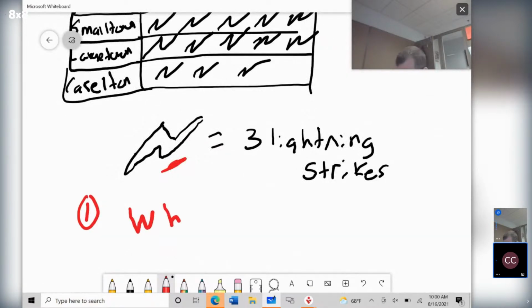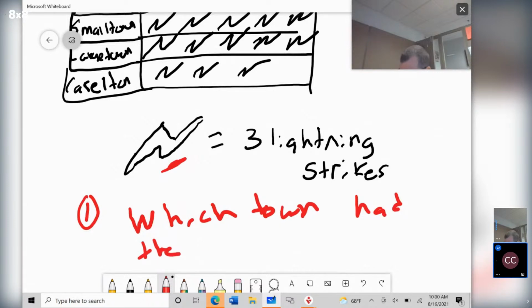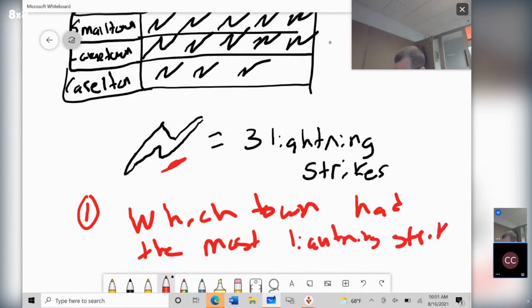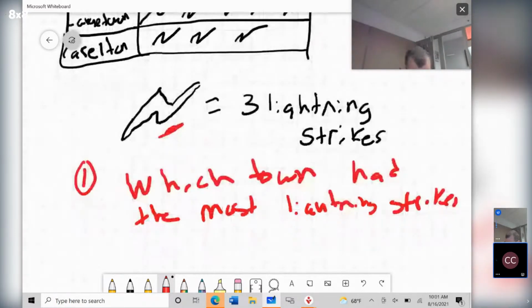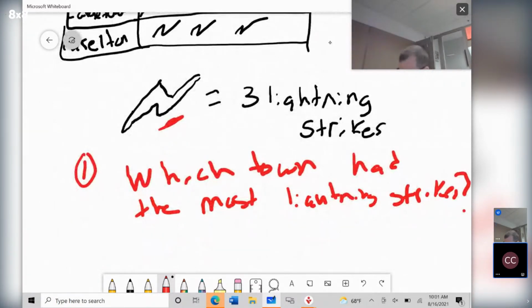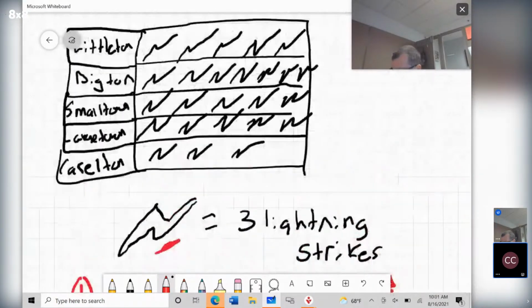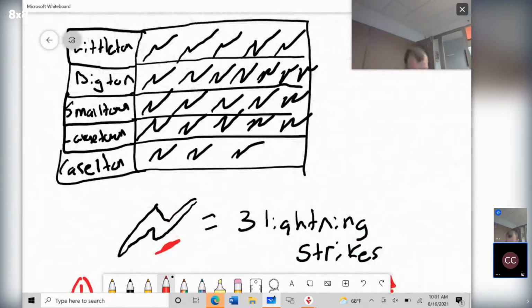Okay, so the first question was, which town had the most lightning strikes and how many? Okay, so we're going to go to the graph, and it looks like, in this case, Big Town has the most.